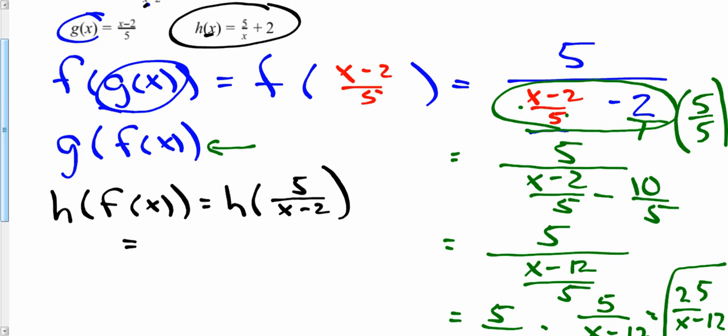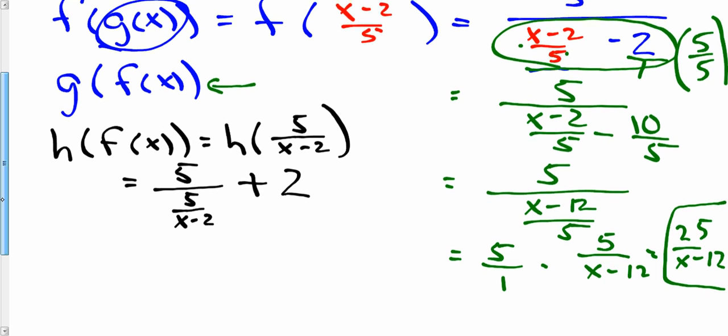Well, what am I working with here? Am I working with x? I'm working with something called 5 over x minus 2. I take that, and I divide 5 by it. Yes? And then I take whatever that is, that whole thing, and I add 2 to it.